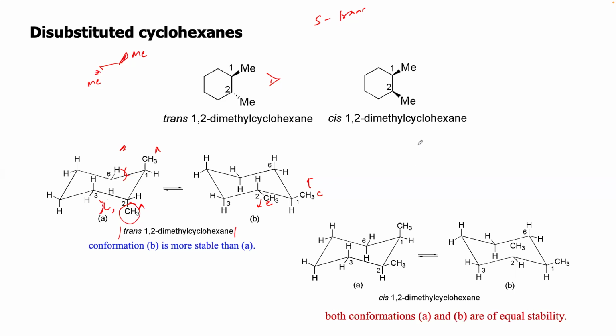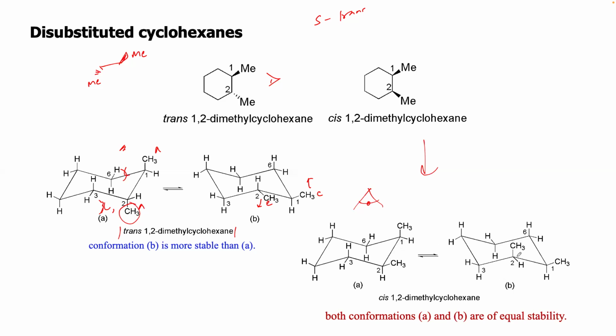Now we go to the cis isomer, cis 1,2 dimethyl cyclohexane, the two rings. Because they are cis, they should both be coming towards you if you look at the molecule from above. Here the axial CH3 is coming up, and then you choose the equatorial one that's also coming up, and that's cis.